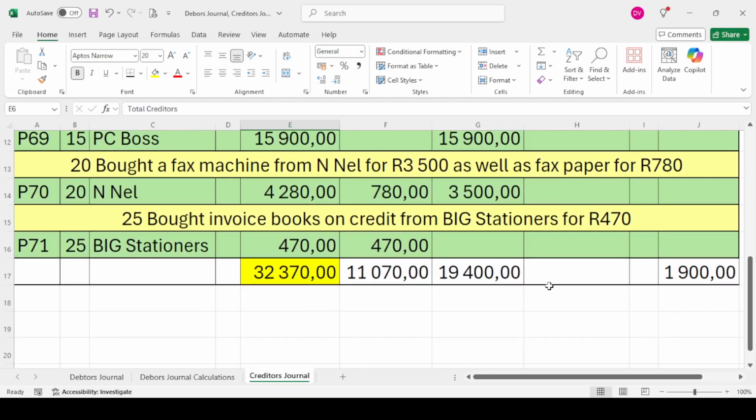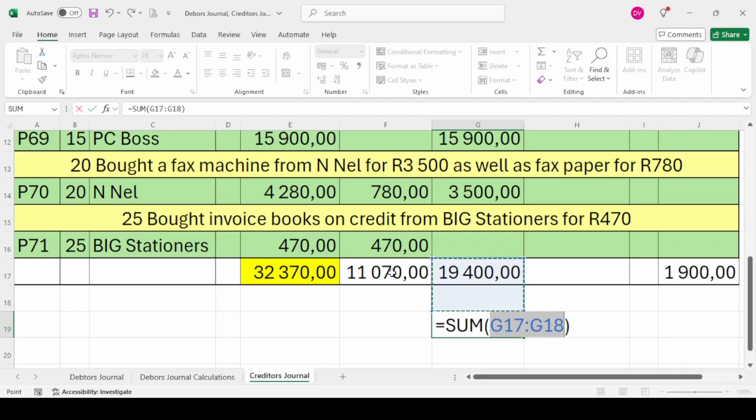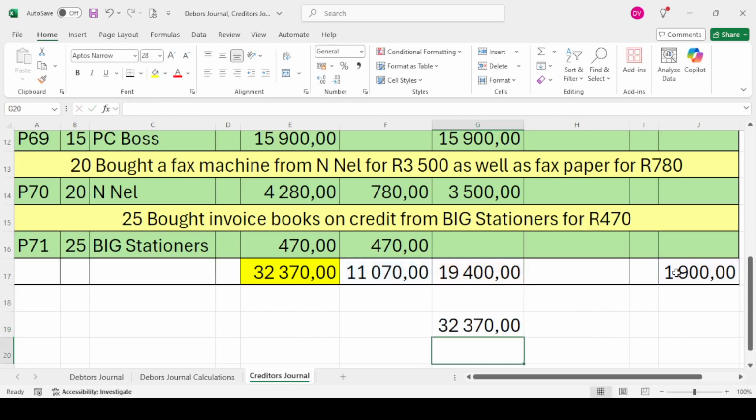Let's see if it works. So I'm just putting in a formula and we're adding all of the other columns together. And it actually gives us exactly the same value, 32,370 Rand. So if that happens, you can be pretty sure that you've done it right. It's a good way for you to check.